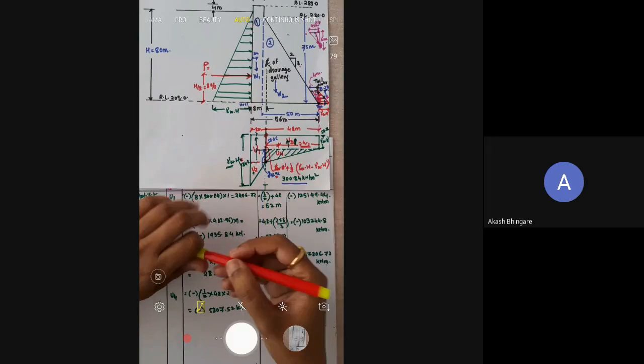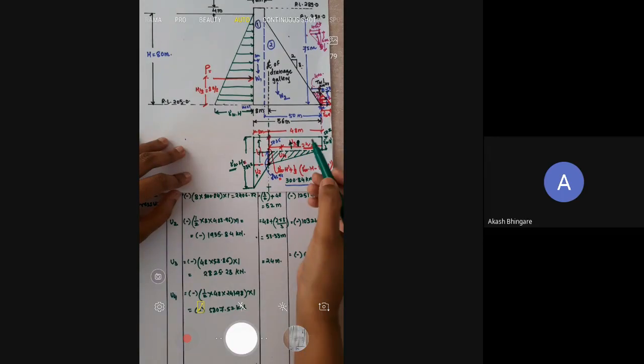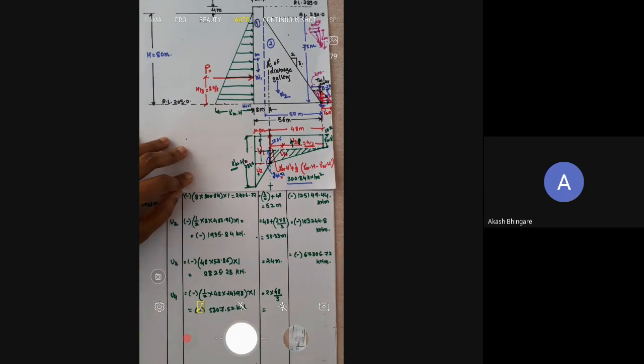So moment about toe is required, therefore it is 2 into 48 by 3. Agreed or not? Yes. So this value is 32 meter.